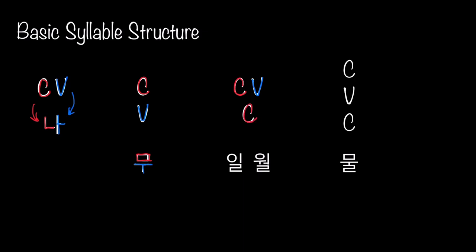So in a structure like this, the last letter is going to be the consonant at the bottom. It'll make sense why identifying this last letter will be important in a second. In a syllable like this, you have a consonant, and then a vowel, and then a consonant.